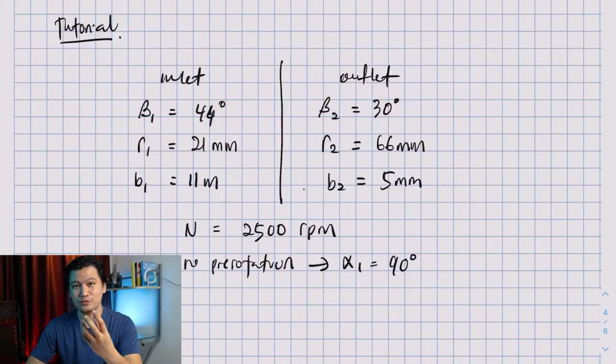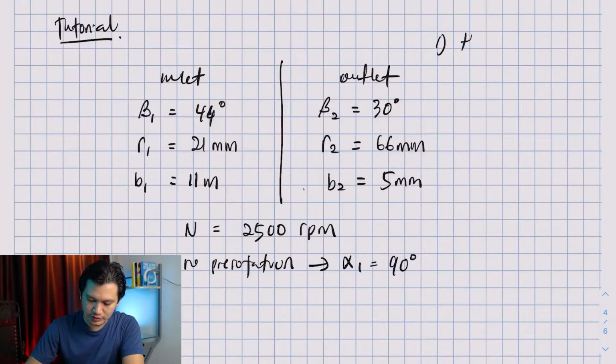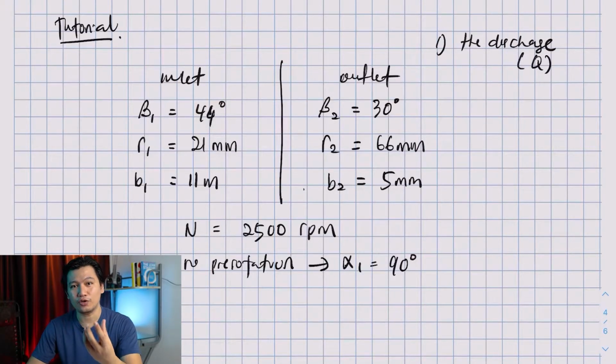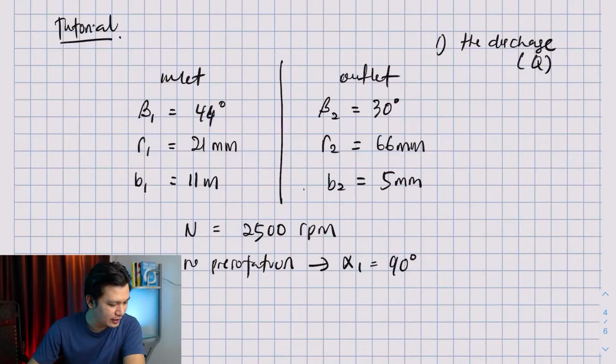In this specific tutorial, what the question wants is, first, the discharge. Discharge is Q, or volume flow rate.